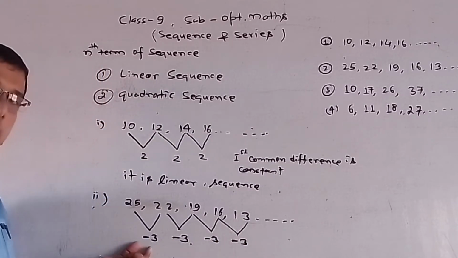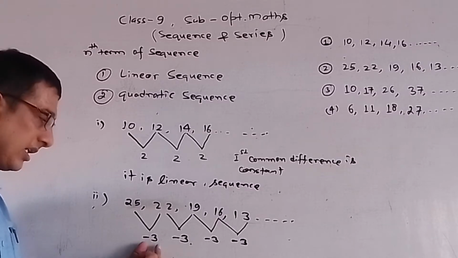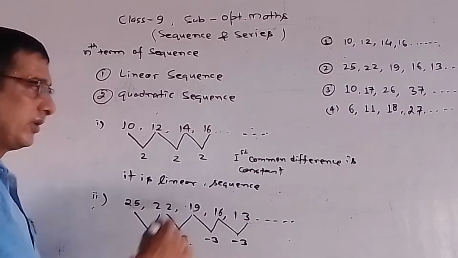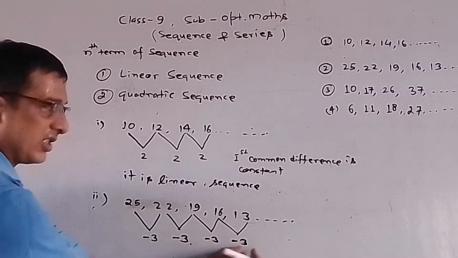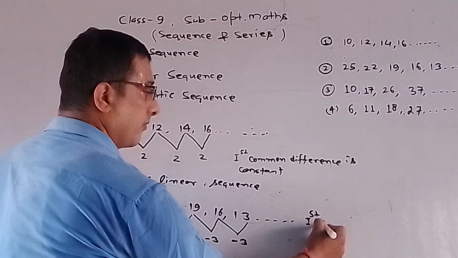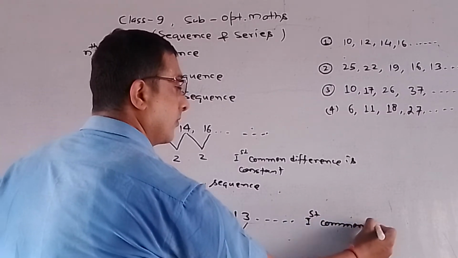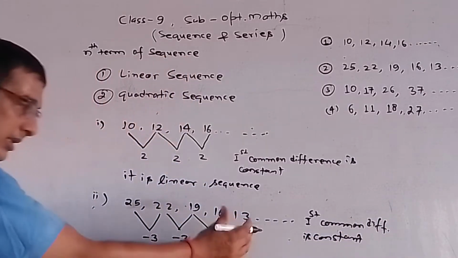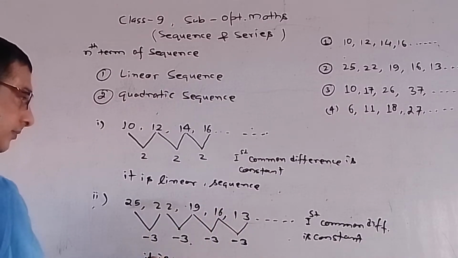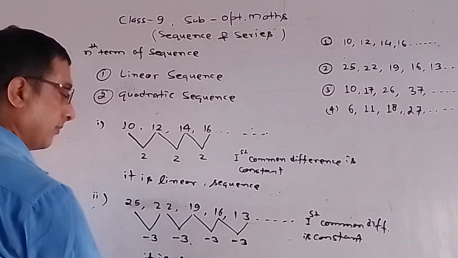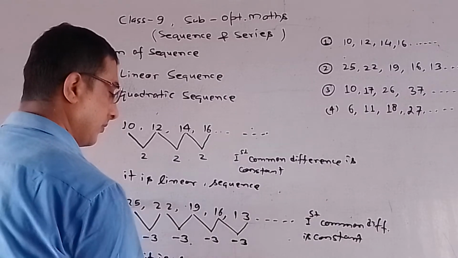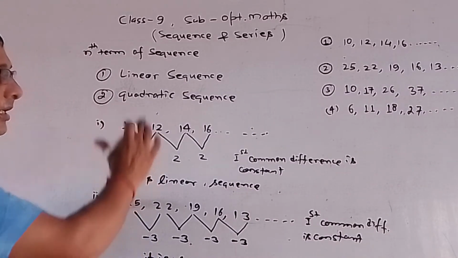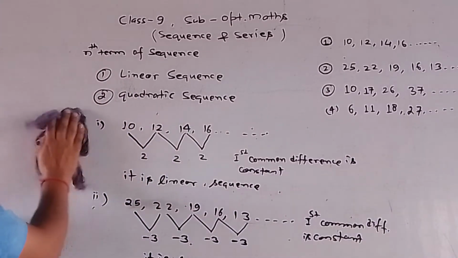So look here, the common difference is minus 3, a constant in each successive two terms. The first common difference is constant, so it is a linear sequence.